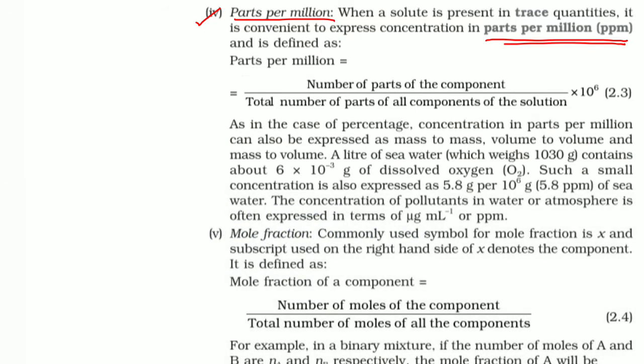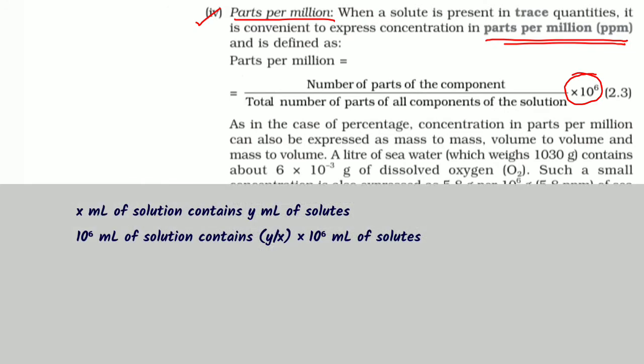Okay, but in this case we will find the concentration in 10 to the power 6 terms. That means in a million parts of the solution, how many parts of that component are present. Suppose X ml of solution contains Y ml of solute, then we will find how much solute is contained in 10 to the power 6 ml of solution.